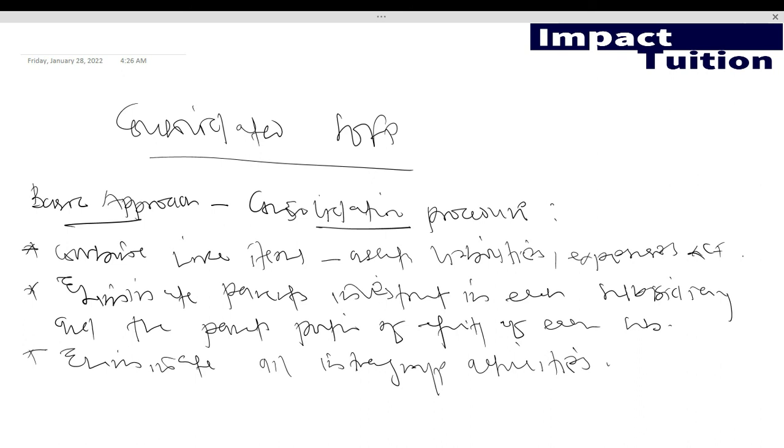So these are the consolidation procedures. First, combine like items, assets, liabilities, expenses, cash flows. Then you eliminate the parent's investment in each subsidiary with the parent's portion of equity of each subsidiary. Then we eliminate all intragroup activities.